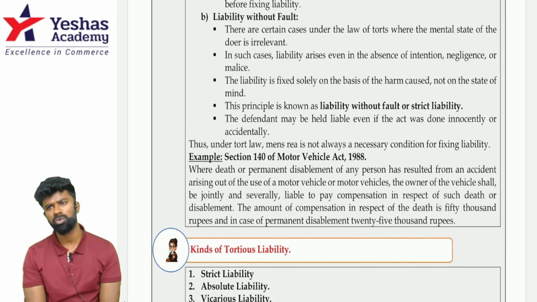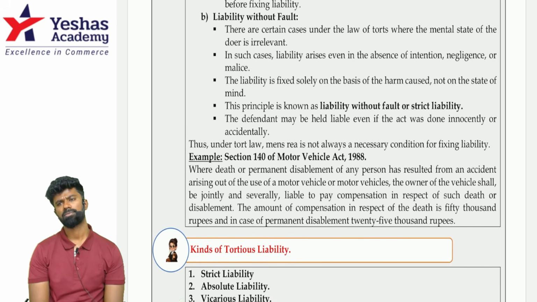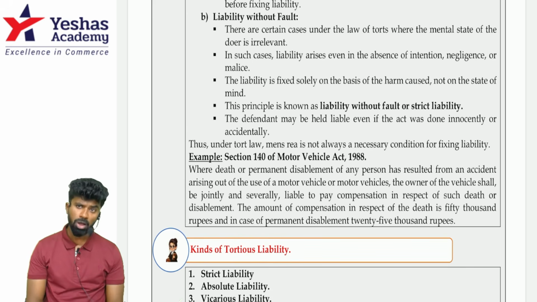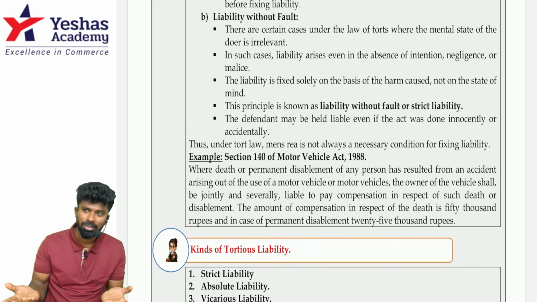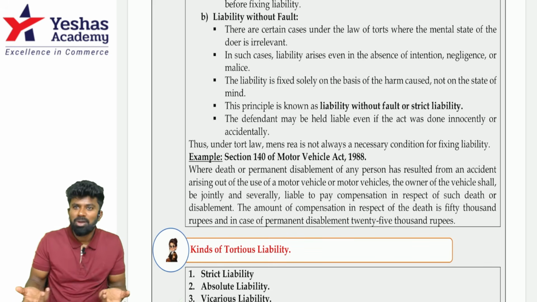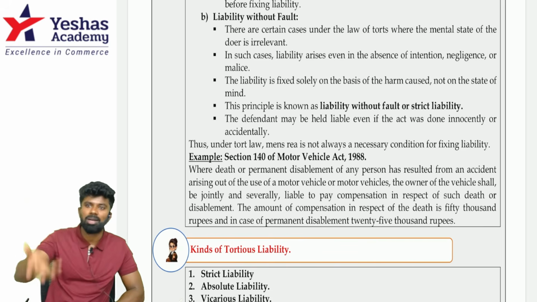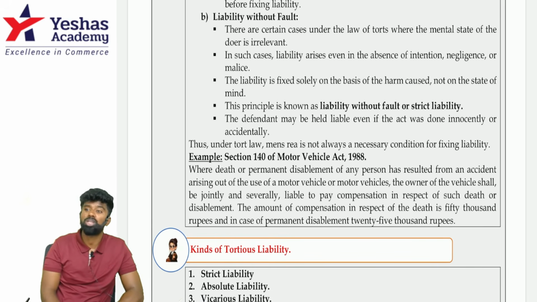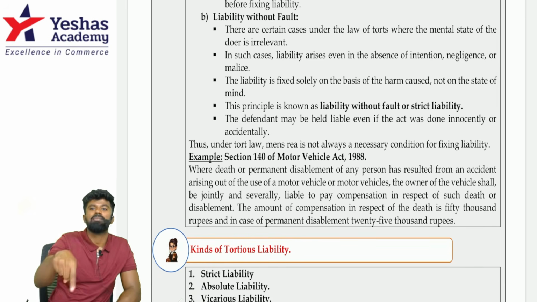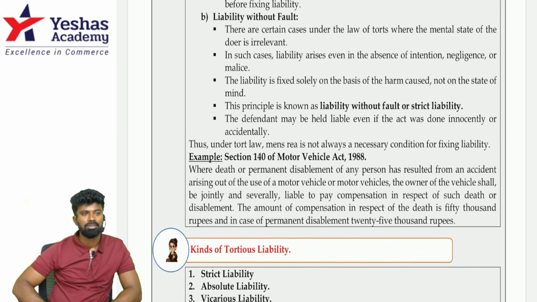In case of an accident, will you have any mens rea? Accident means no mens rea. If you have the intention of doing it, mens rea is there. It is an accident, but still there is liability. So it is a crime as well as a civil wrong, and it will be punished under both.